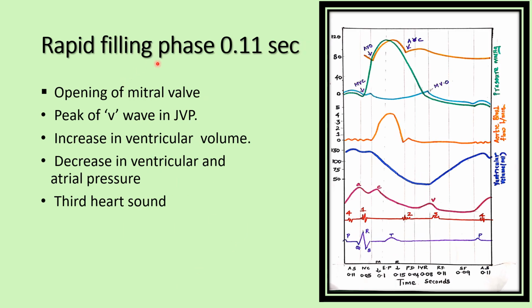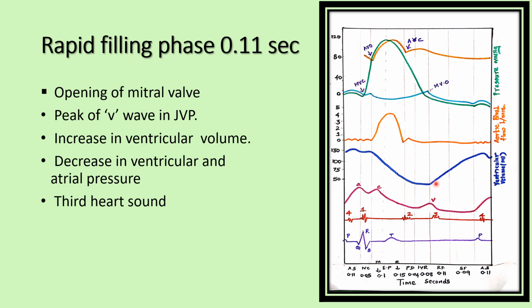The rapid filling phase duration is 0.11 seconds. The rapid filling phase starts when the ventricular pressure is less than the atrial pressure. It starts with the opening of the mitral valve. The peak of the V wave is seen in the jugular venous pulse.